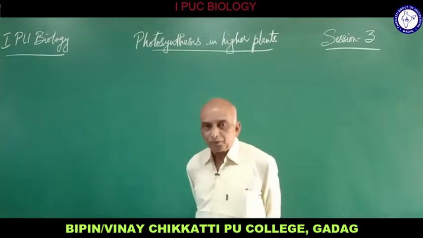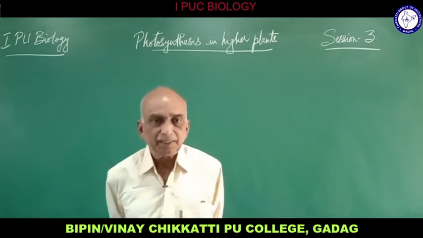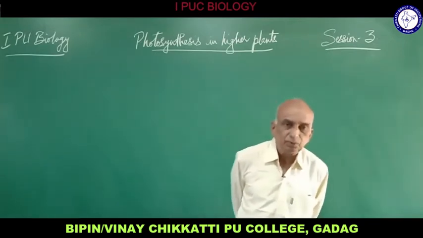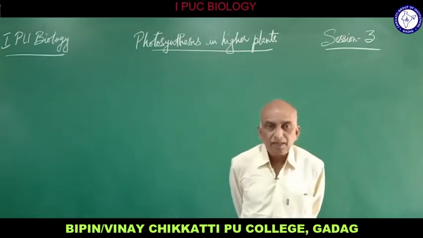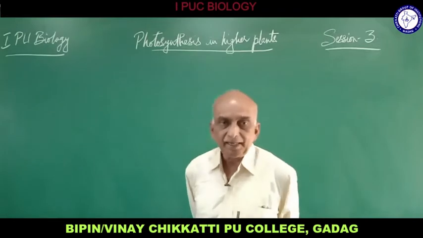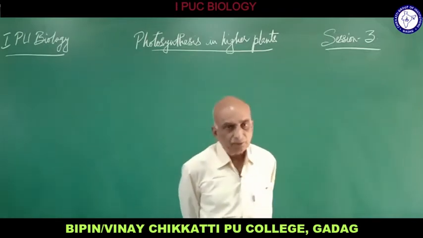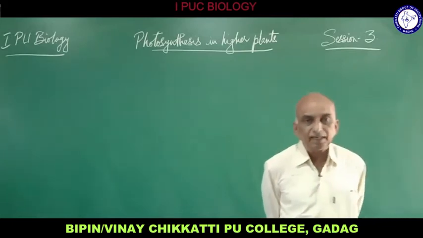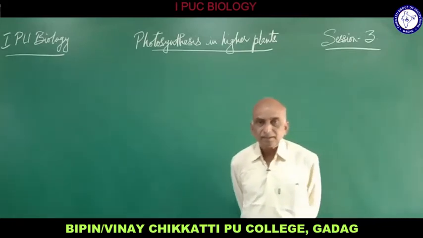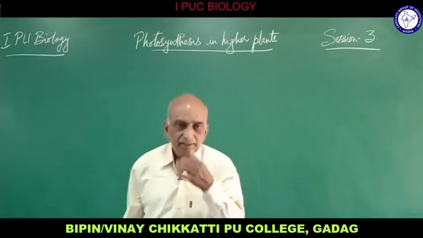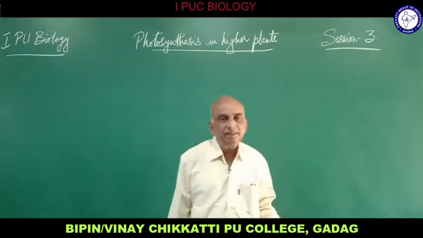Now 2 protons, that means 2 H plus ions, combine with the 2 electrons and form H2, and ultimately NADP is reduced to NADPH2, or it is also written as NADPH plus H plus. So that is the NADP reduction.